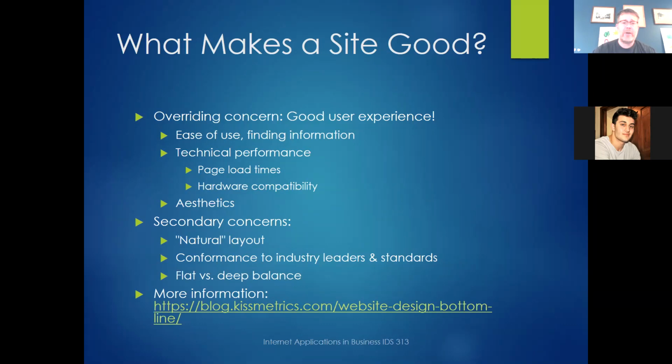So some secondary concerns, having a natural layout, but just like common sense, what's natural to one visitor may not be exactly natural to another. So often what we're looking for is conformance to industry standards, right? For example, they first came out with the shopping cart concept for online retailing in the 90s, and it's a pretty good and sensible system, and eventually everybody adopted it.